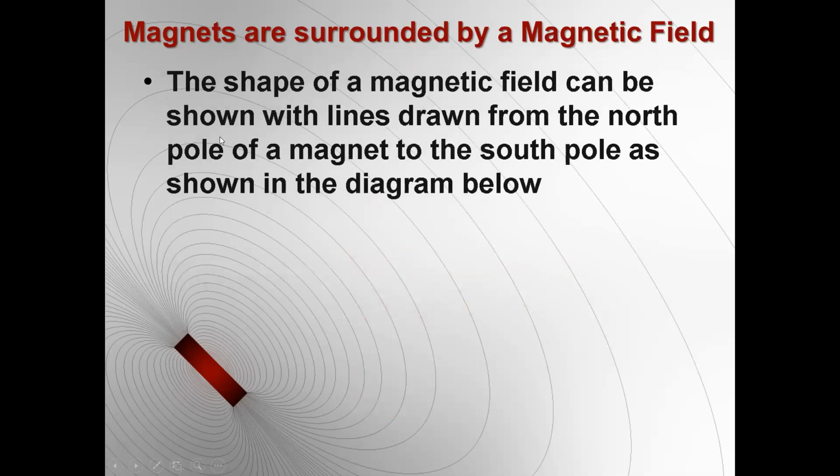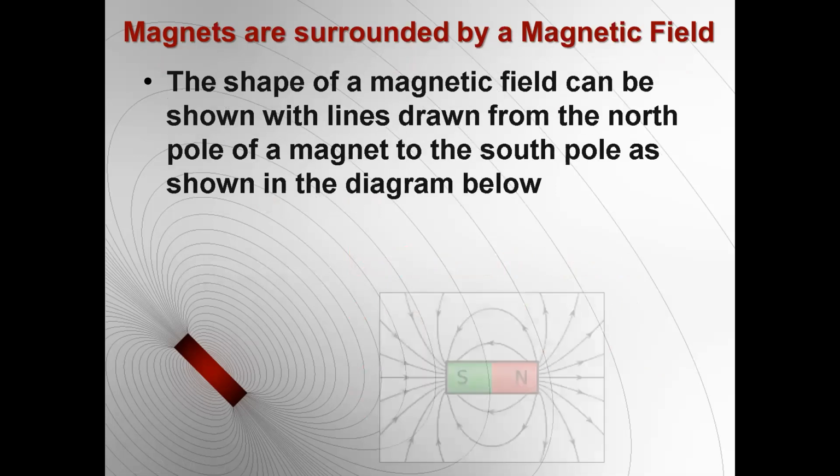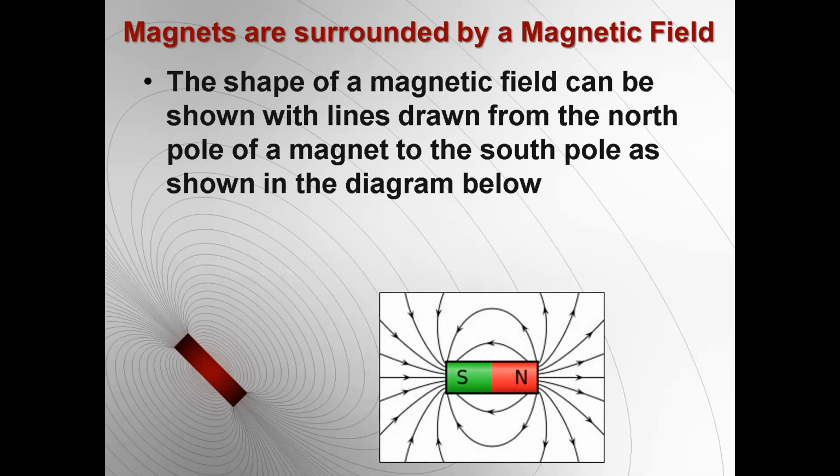Now, the third part of the third property: the magnets are surrounded by a magnetic field. Now, let's see, what is the shape of the magnetic field?